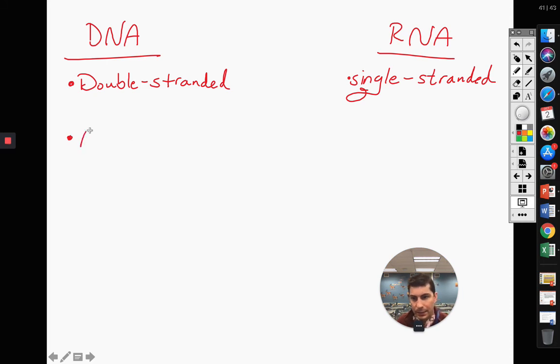DNA, A, T, G, and C are the nucleotides. RNA, A, U, so that's different. G and C are nucleotides. Okay? DNA, it's found in and never leaves the nucleus.